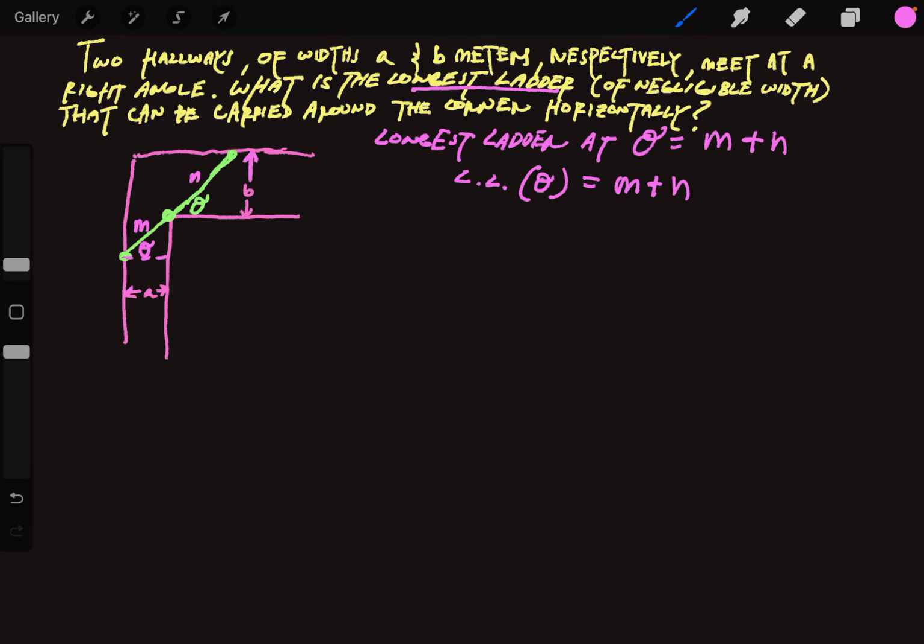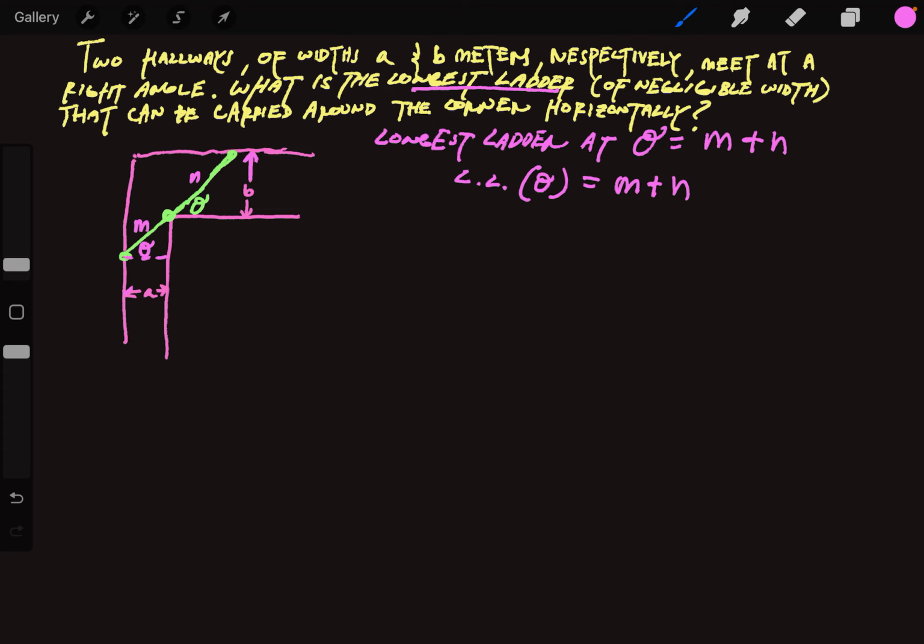Why? I have to take some ladder and rotate it through theta from 0 in radians to pi over 2. So the ladder has to be able to go from 0 to pi over 2 in radians, as I navigate this around the 90 degrees, or from 0 to 90 degrees.